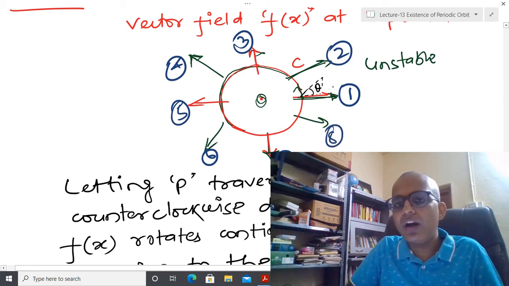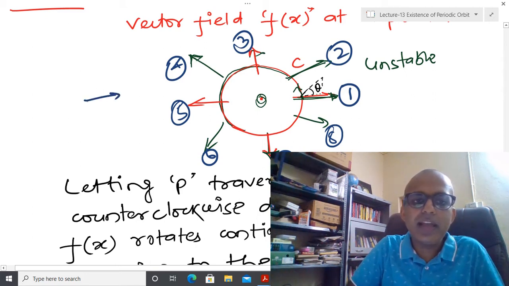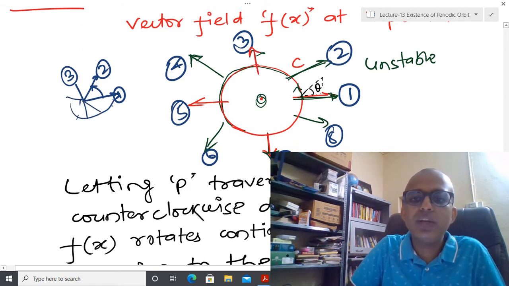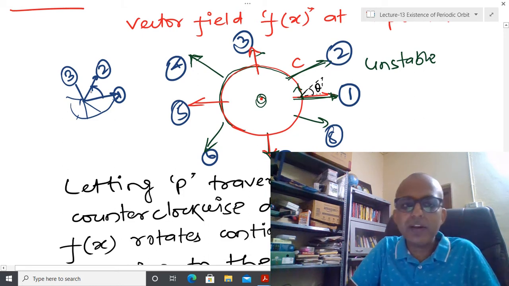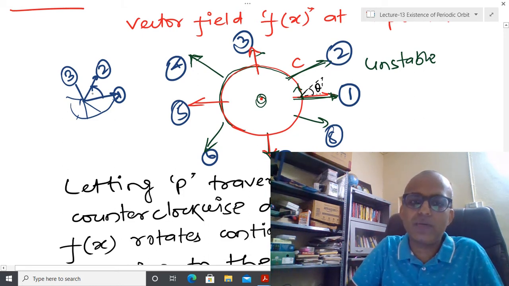Now if I start from 1, then I go to 2, so I am moving in the counterclockwise direction. After that I go to 3, and similarly after one rotation I return to the same 1, like this. So I am saying that the index of this is +1, if I rotate in the counterclockwise direction.